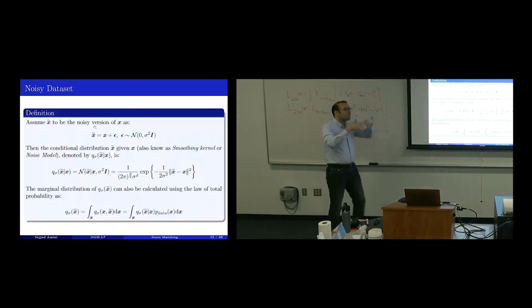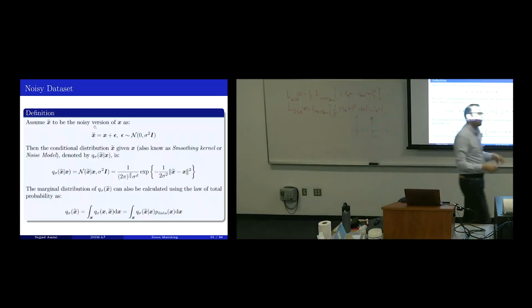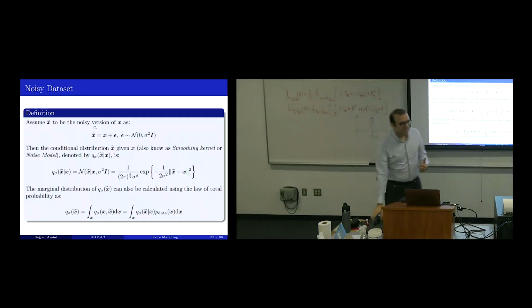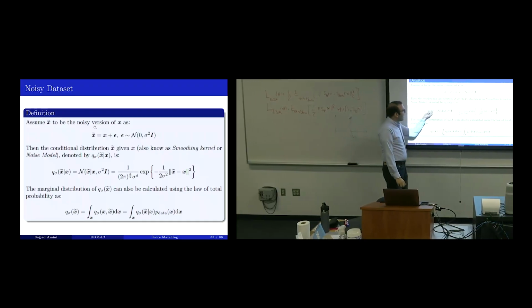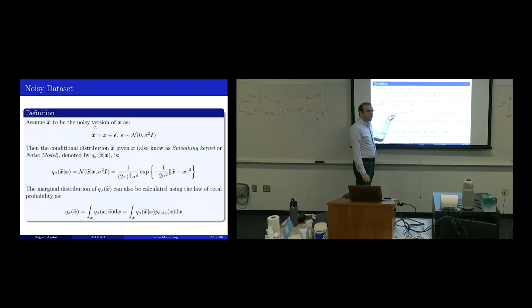Yeah, but think of it in the general case of your training data. No, I get it. My question is that this formulation is for only one data point, not the whole distribution. Yeah, this is for one data point X, but you can think of X as a random variable.